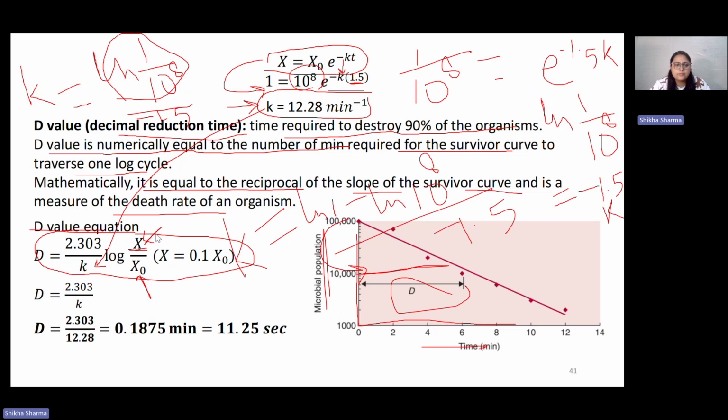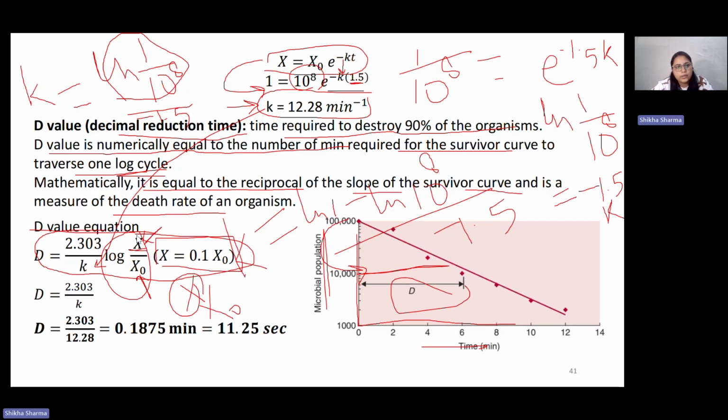X is the microbial population we get after traversing one log cycle, so X is equal to 0.1 of X naught.